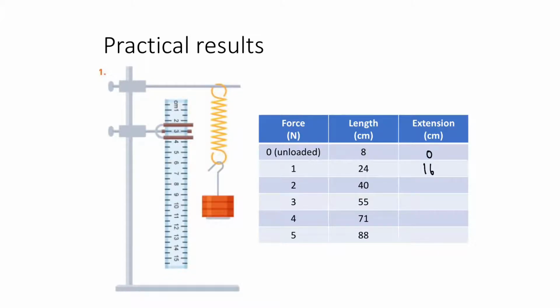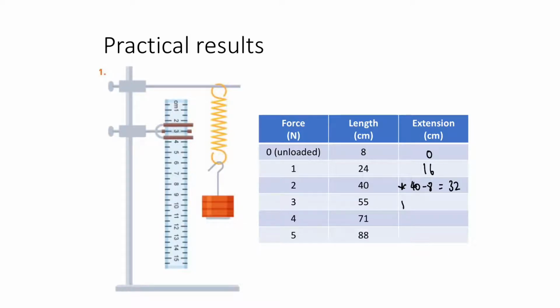So as a reminder, it's the length that is the important thing at the beginning. So if we wanted to find out the value for here, we would have to always do the length, take away the original length, so that's 8. So that gives us 32.